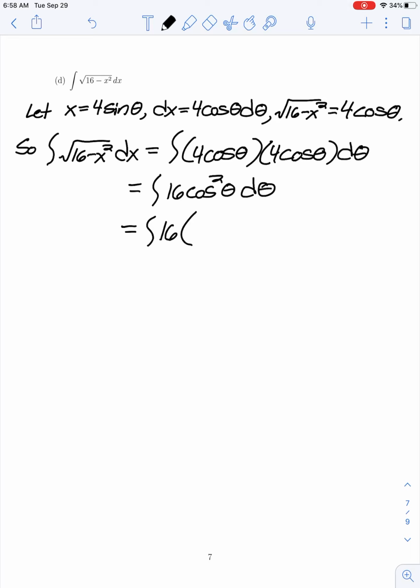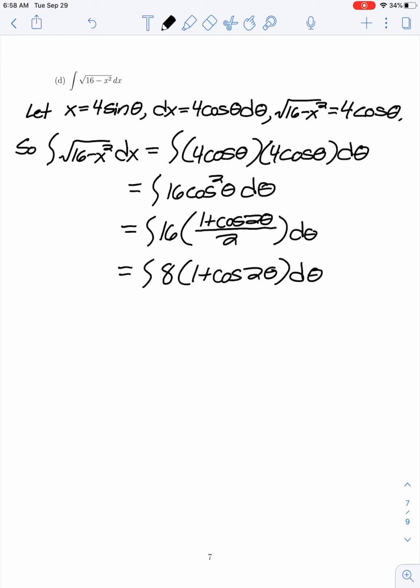Namely, that cosine squared is equal to 1 plus cosine of 2 theta all over 2. So we're left with the integral of 8 times 1 plus cosine of 2 theta d theta, which gives us 8 times theta plus 1/2 of sine 2 theta plus c.